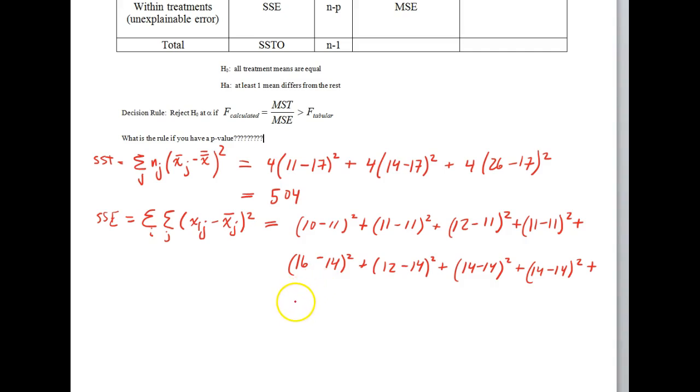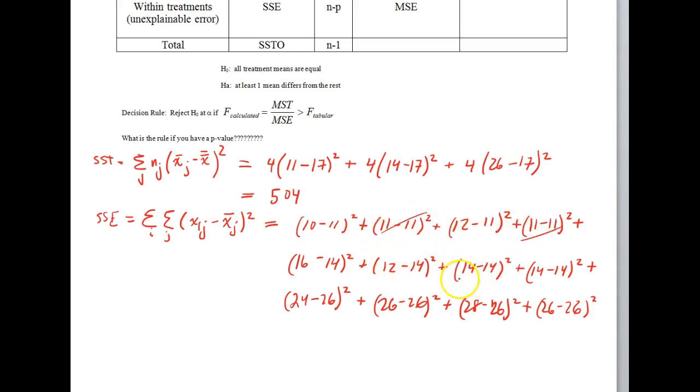Okay, and the third treatment, let's do that. 24 minus 26 squared plus 26 minus 26 squared plus 28 minus 26 squared and 26 minus 26 squared. So we add all these up. I'm just going to kind of cross out the ones that are zeros.